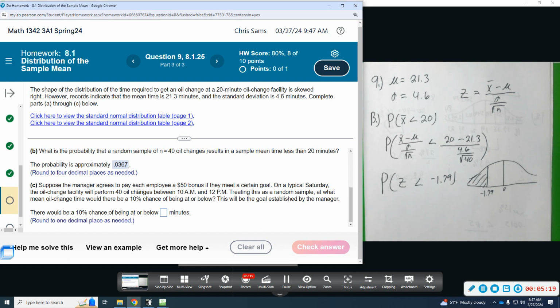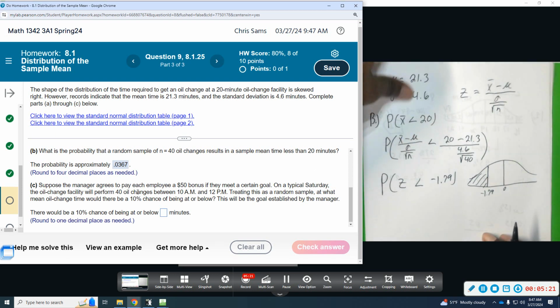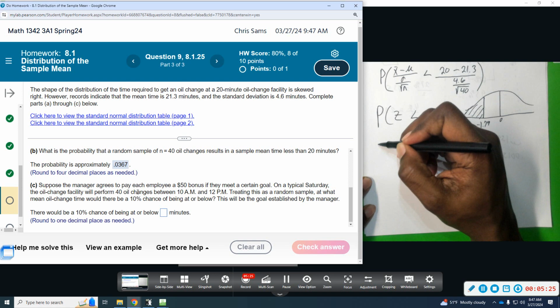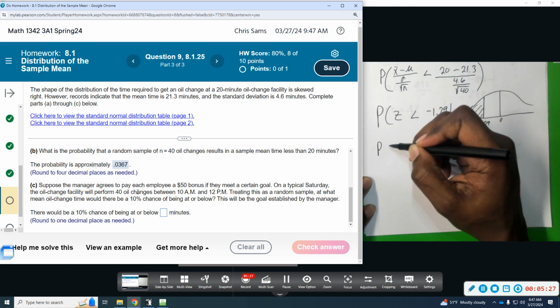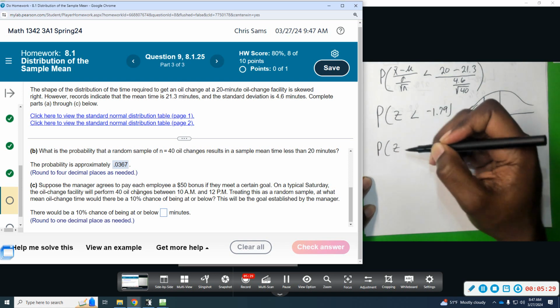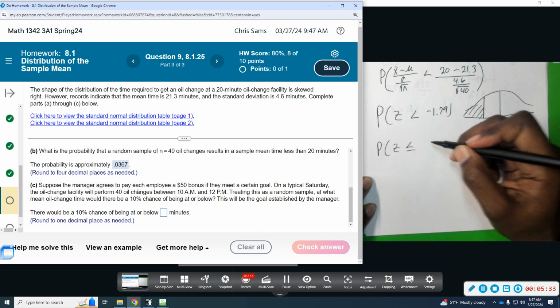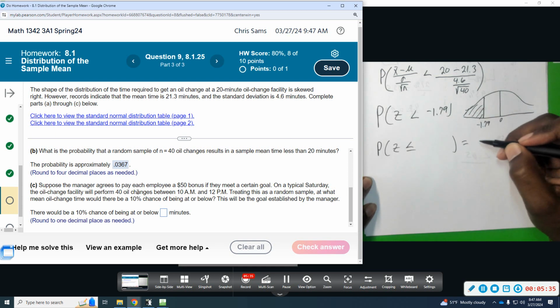so we're looking for the probability. We're going to work backwards. We're going to find Z first. So we're looking for a probability that our Z is going to be at or below, less than or equal to some number, is going to be equal to 10%.